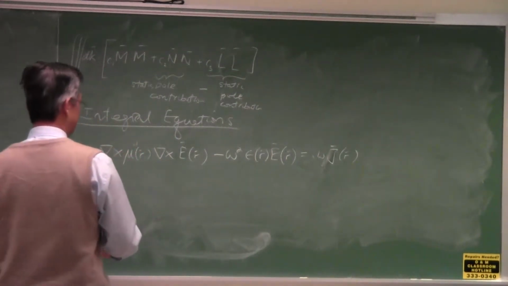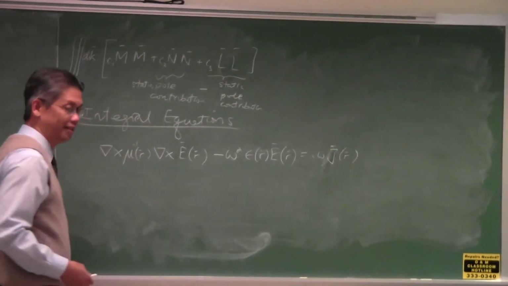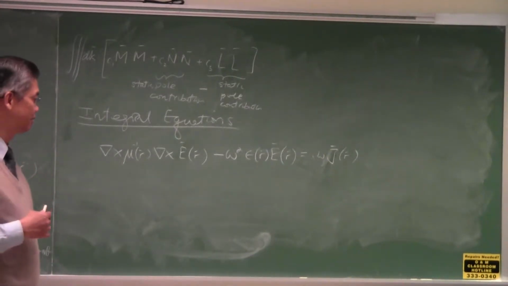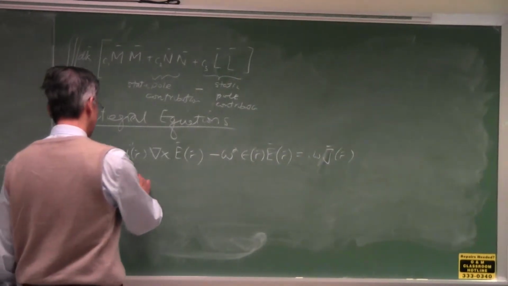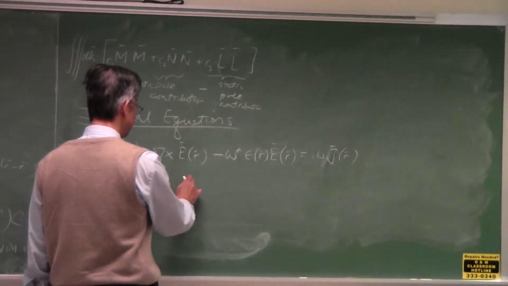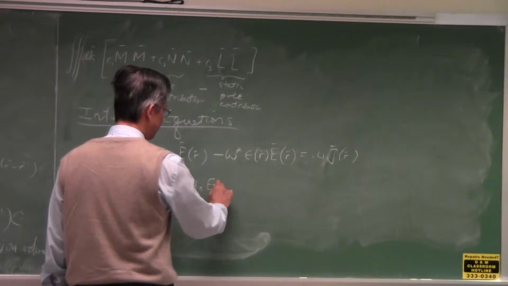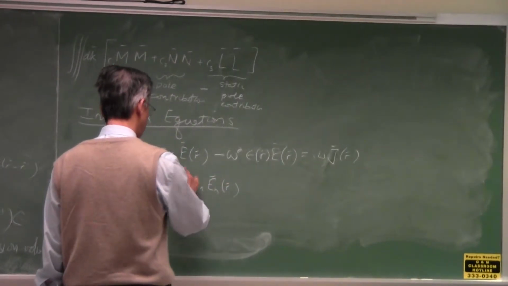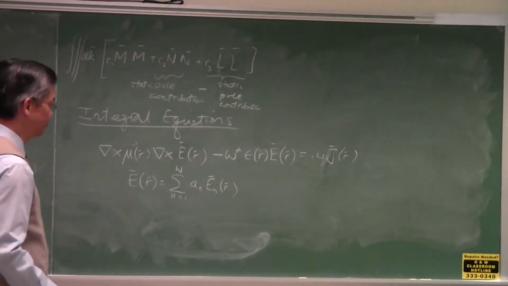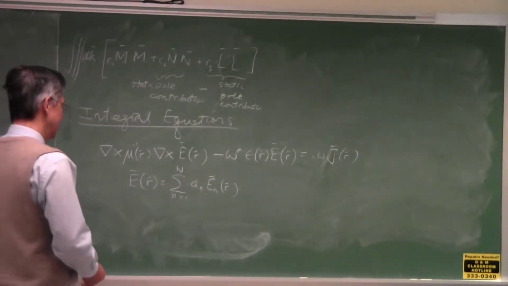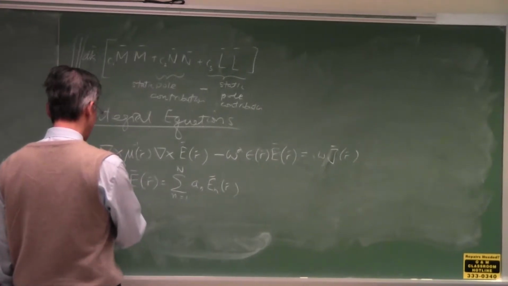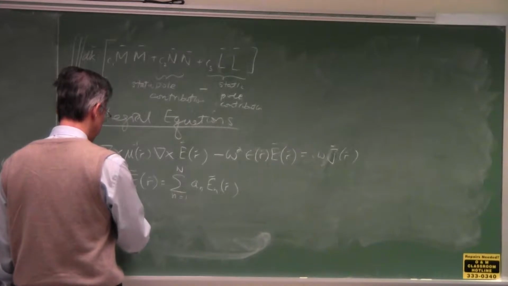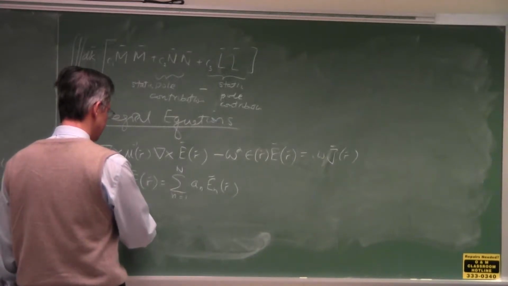You can put the problem in the box and then make the projection of this problem into a finite dimensional problem and do finite element. The essence of the finite element method is that you find a set of basis functions to expand this set of equations, and then when you do so, you get an equation that looks something like the sum from n equals 1 to N, a n.